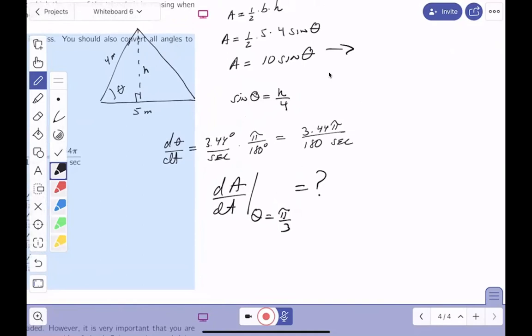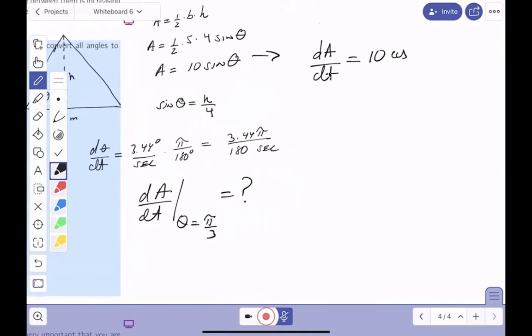What are you going to do? Differentiate both sides with respect to t. So dA dt is going to be 10 cosine theta d theta dt. Let's write this down.